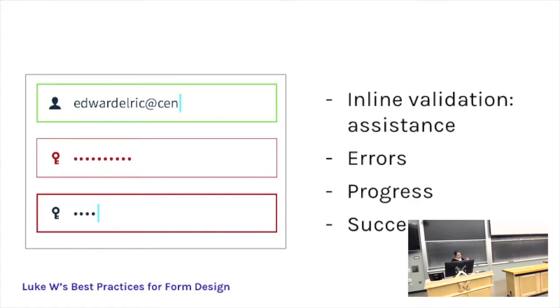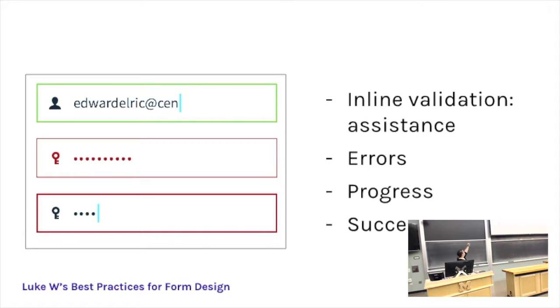And then there's this other notion. There's this guy, his name's Luke W. He wrote a book about the best practices in form design. When you're having a user fill out a login form or a sign-up form, you want to help them figure out, okay, am I entering my information correctly or not? You can use color to do that.